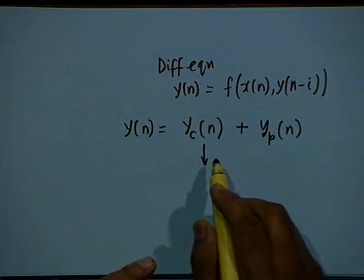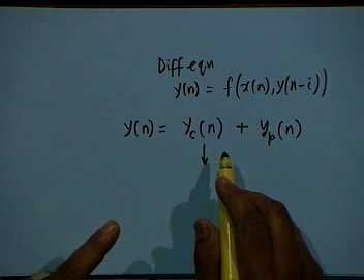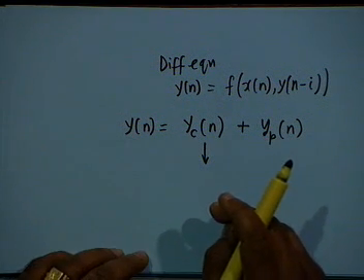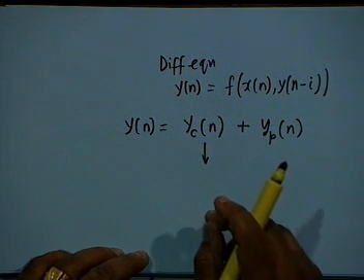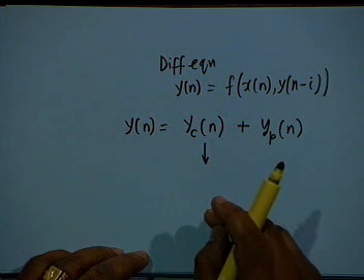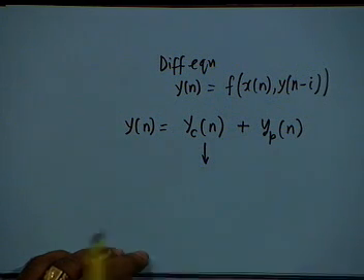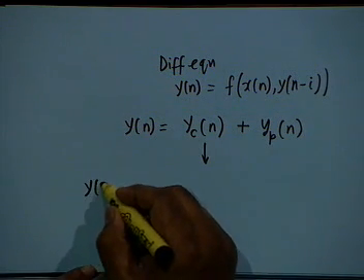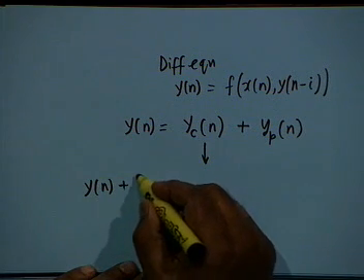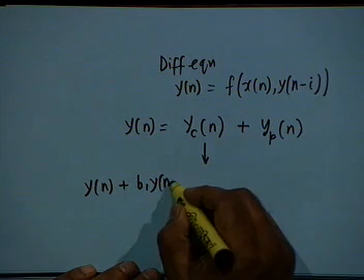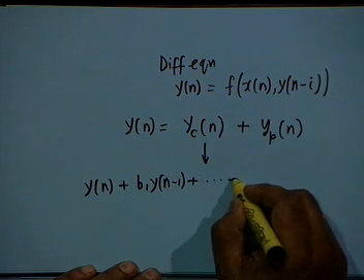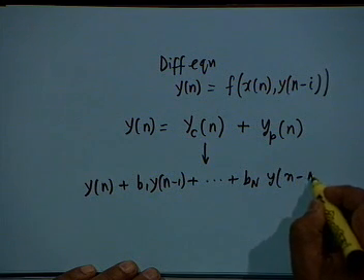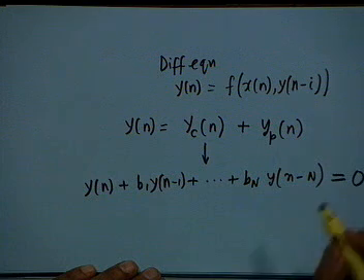The so called homogeneous equation is the equation obtained by putting x of n equal to 0 in the given difference equation. That is called homogeneous. For example, the homogeneous equation in our case shall be y of n plus b1 y of n minus 1 etc. plus bN y of n minus capital N equal to 0.